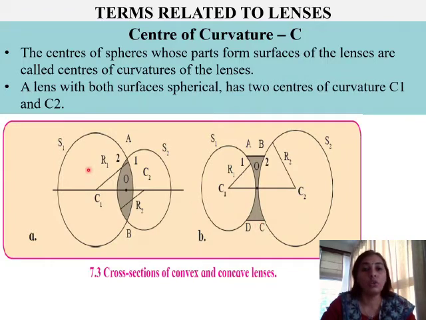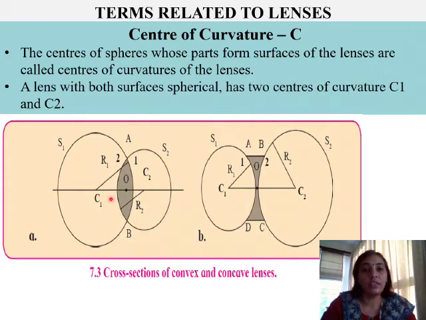Here we have got two spheres, sphere S1 and sphere S2. Here also we have drawn sphere S1 and this is sphere S2. Now each sphere has got one center. So this is sphere S1 which has got center C1 and this is sphere S2 which has got center C2. Similarly here also we have got centers C1 and C2.